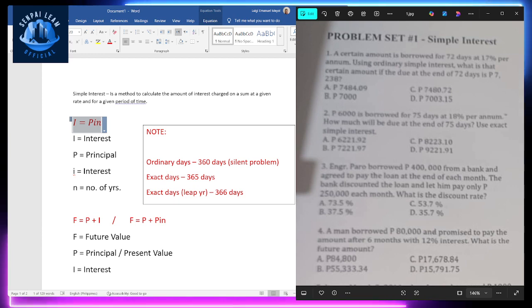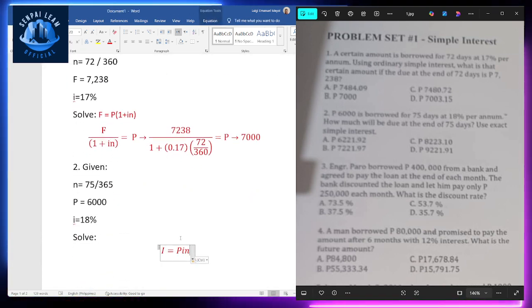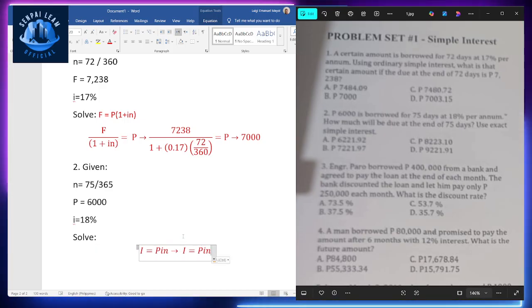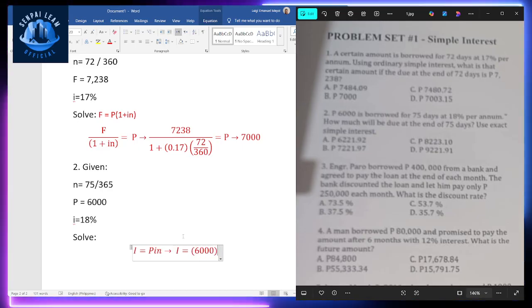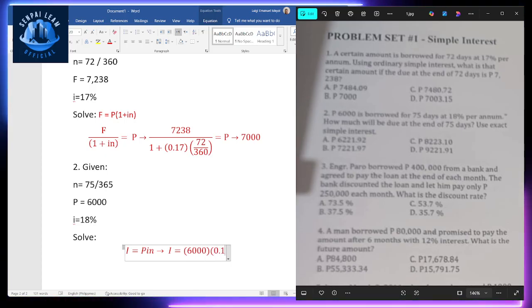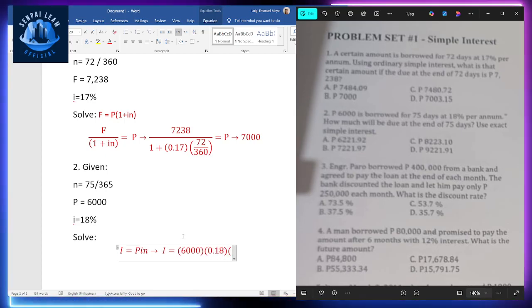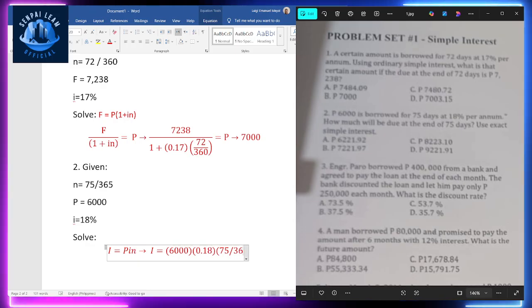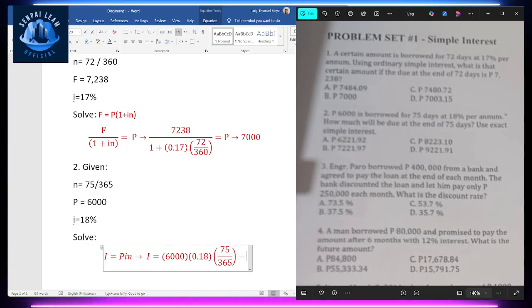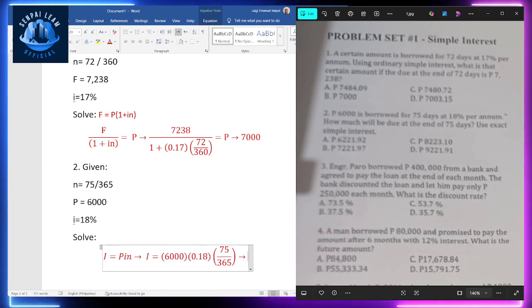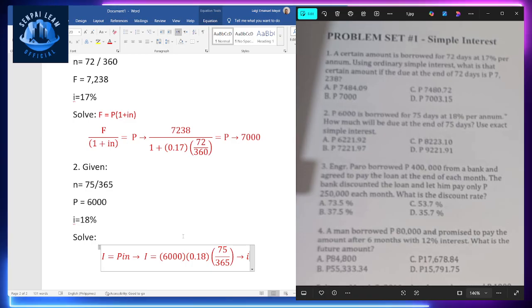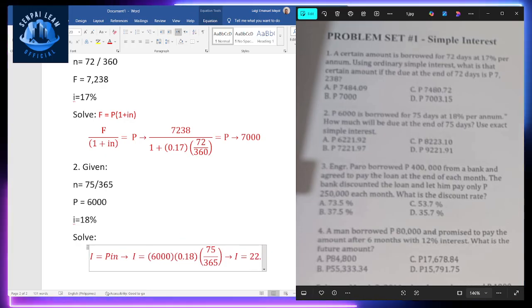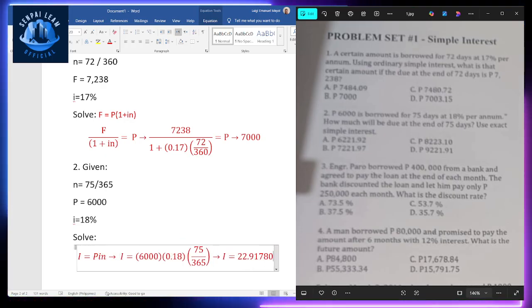What we'll do here is solve for the exact interest. Since we're only finding the exact interest, we'll only use this solution: 6,000 times the interest of 0.18 times 75 over 365 equals I, and the interest is I equals 221.9178082.